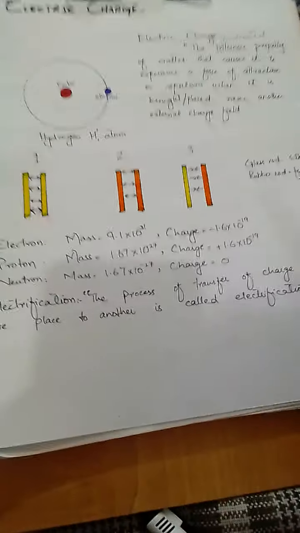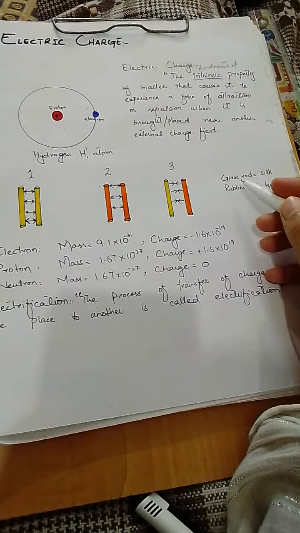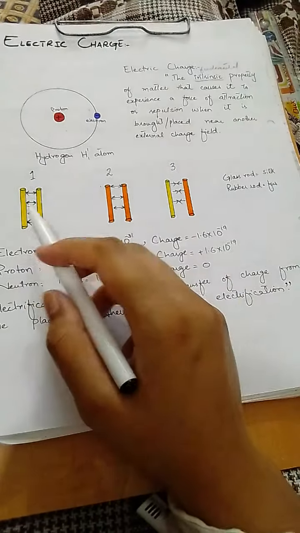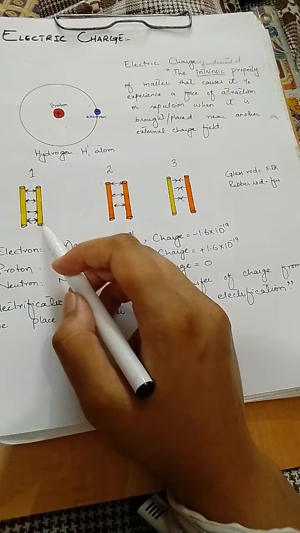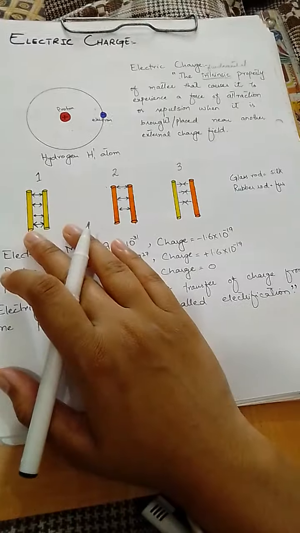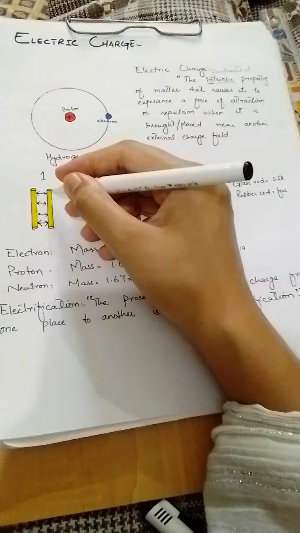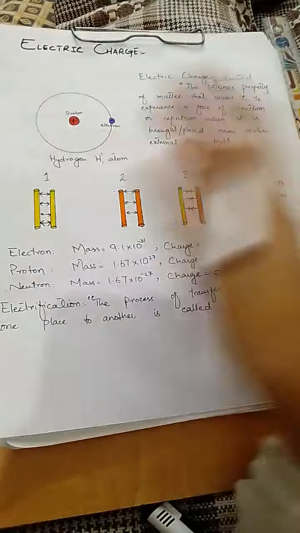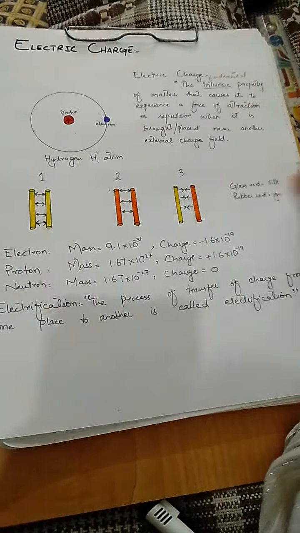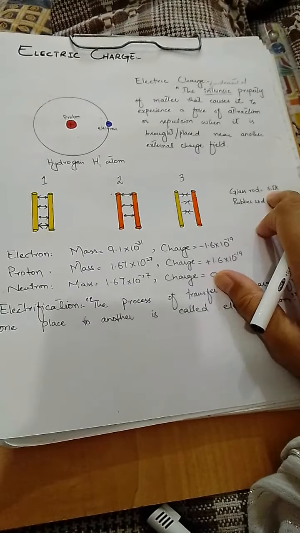What happens is that the negative charges on the silk transfer to the glass rod, or the positive charges transfer to the glass rod, making it positively charged, and in return the silk gets charged also.